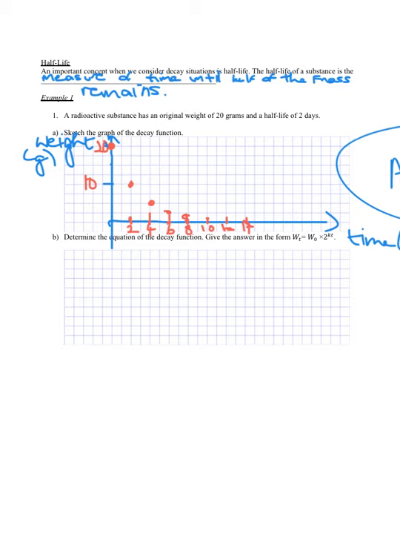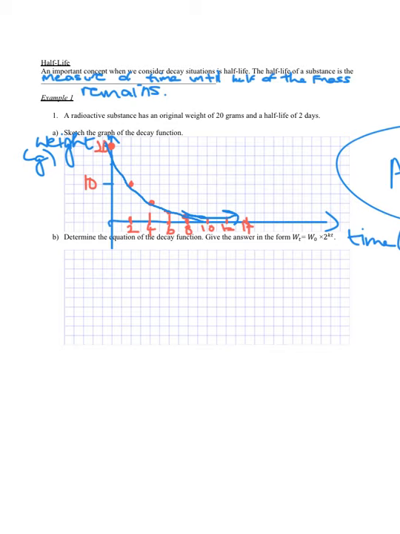So you go all the way down like that and get asymptotic to the x-axis. Really jagged, but there you go. There's your function.